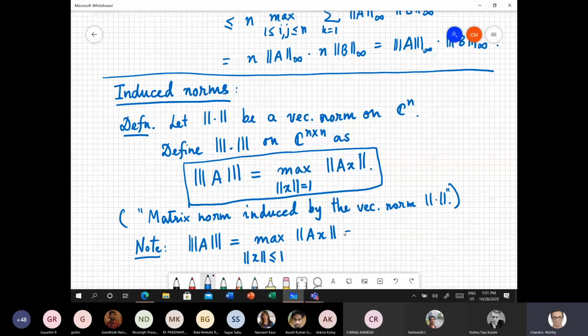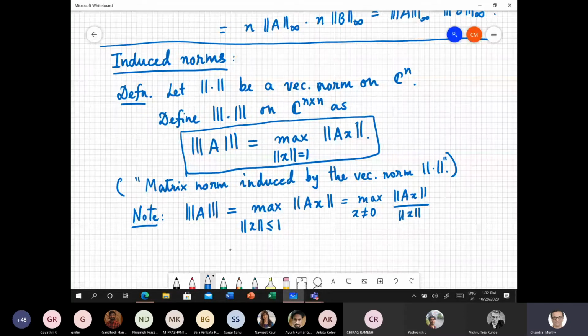And this in turn can be written as the max over all x not equal to 0 of norm of Ax over norm of x. This quantity itself doesn't change if you scale x. So I can as well maximize norm of Ax over norm of x over all x not equal to 0.